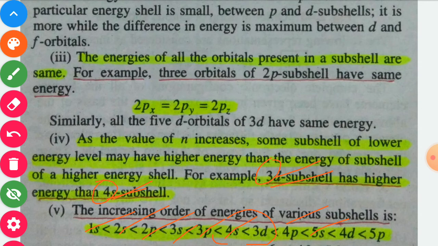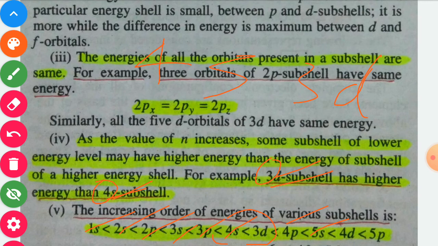So for such a situation, where should the electron fill first? For that we use the n plus l rule. Suppose here we are unable to decide where the electron should go first among 4s and 3d. According to the rule, the third shell has less energy as compared to the fourth shell, and we know that electrons fill from a low energy level to a higher energy level.